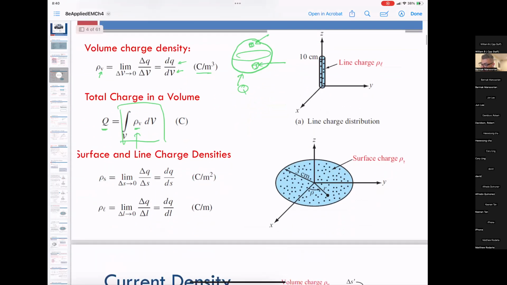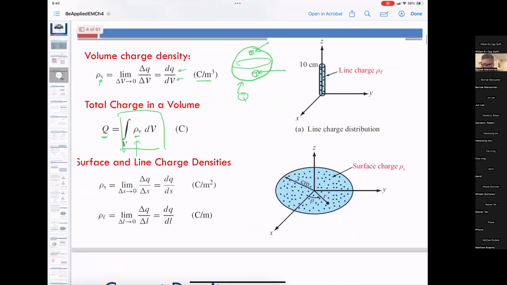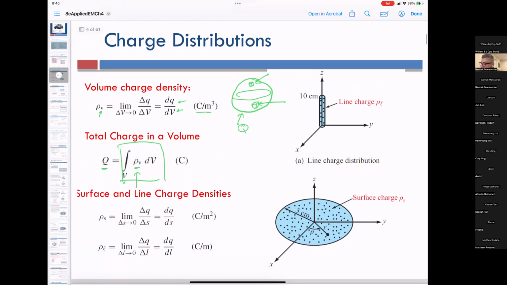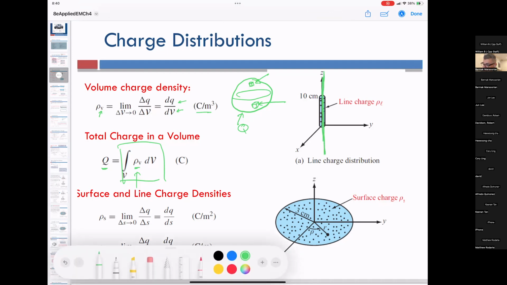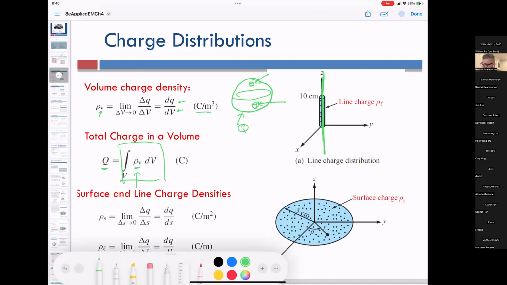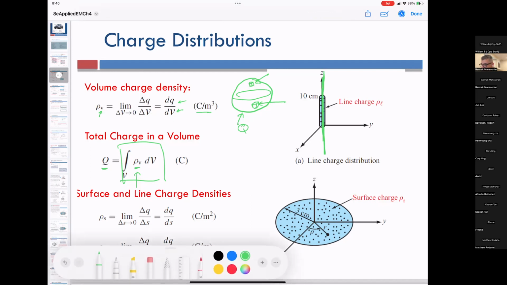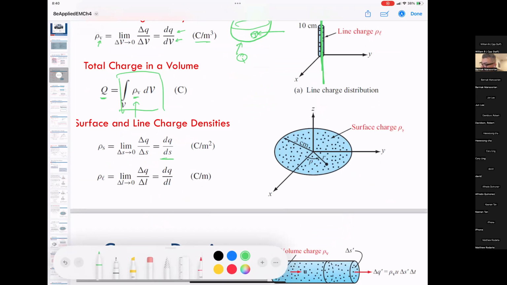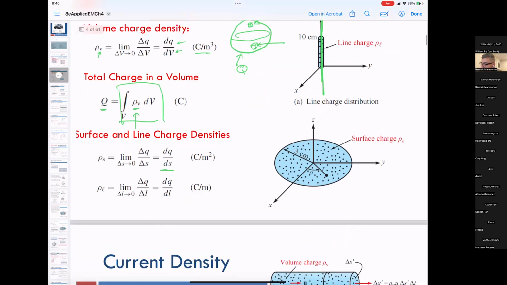And then we can also define surface and line charge densities, which are more like pretend, used to solve problems, because in the real world there is no line. This equation is pretending that you have a line of zero width, which you can never have in the real world.